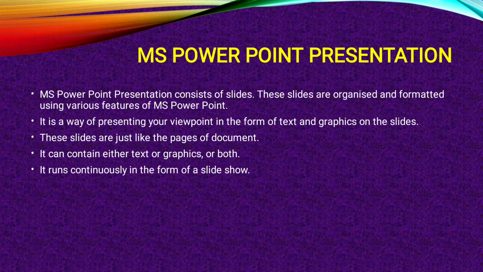Here are the details of MS PowerPoint. An MS PowerPoint presentation consists of slides. The smallest part of a PowerPoint presentation is the slide. These slides are organized and formatted using various features of MS PowerPoint.